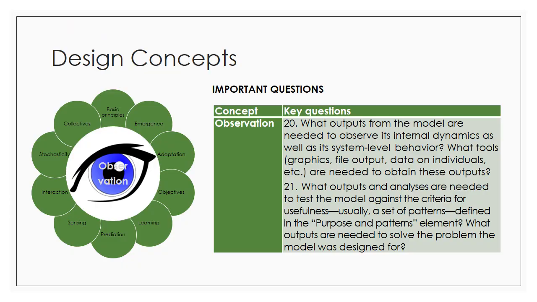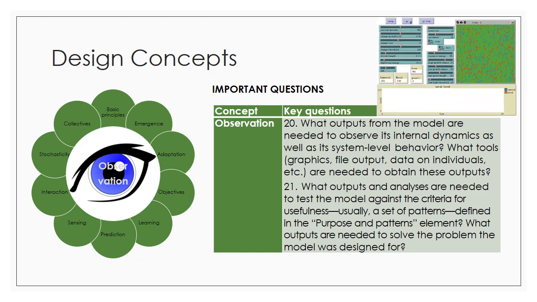The final design concept is, I think, the most important one. It's observation. Observation is related to the purpose and patterns section from the basic principles, as well as to emergence, in which you're defining your outputs, but at a much more physical level. In observation, you are defining how your outputs are supposed to appear on the screen, basically.